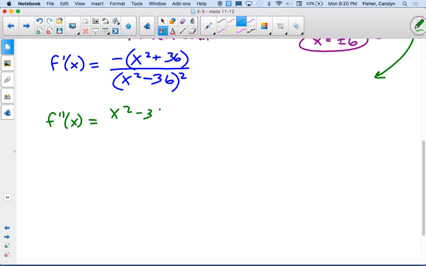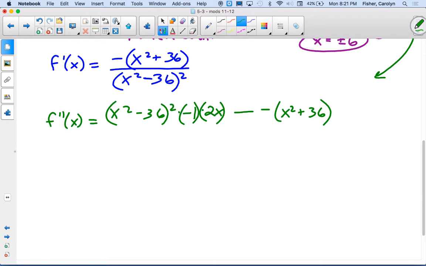Denominator times derivative of the numerator, which is a negative out front times derivative of, it's really just a constant multiple, negative 1 times derivative of my parentheses, which is 2x, minus, so that's just all multiplied together, that's one term, minus numerator, which is negative x squared plus 36 times derivative of the denominator, which is 2 times the quantity x squared minus 36 to the first times 2x.